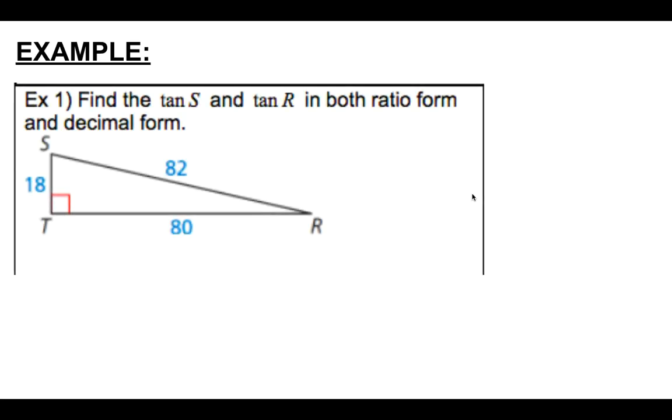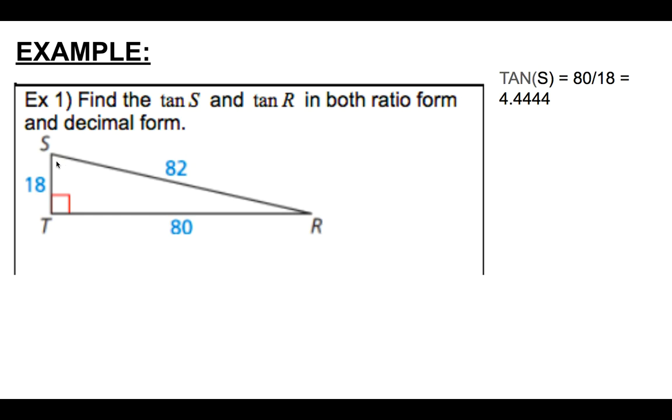So the example here, find the tangent of S and the tangent of R in both ratio and decimal form. So I'm going to first go ahead and do tangent of S. So if this is my tangent S, that means my theta would be here, this angle. If I make that my angle theta, notice what side would be opposite to that and what side would be adjacent to that.